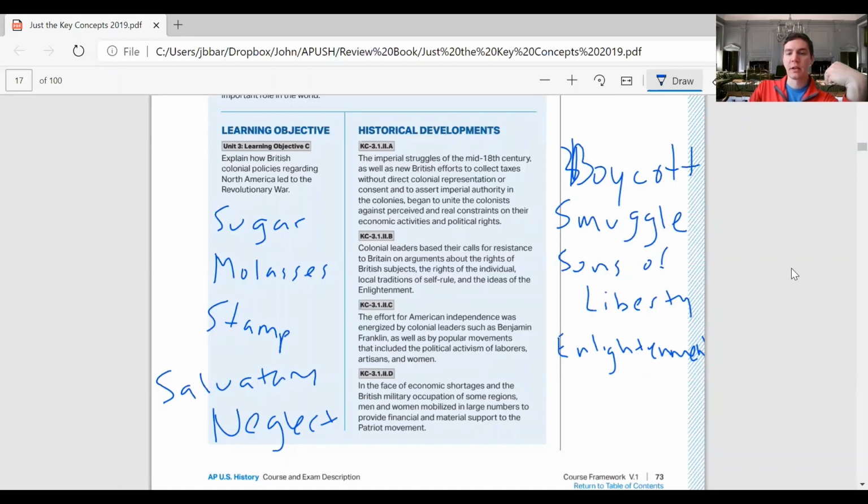They realize they've had a long time of self-rule. You know, we talk about town meetings in New England. People, especially in the New England area, have a long history of self-rule, self-government, and this all feels like taking away those powers.